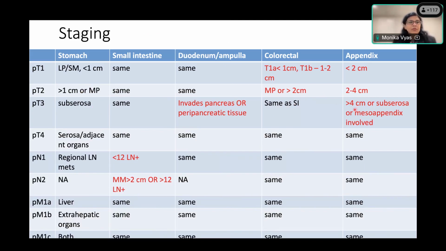But important to remember that for small intestinal tumors, you also need to give the size of the lymph node masses. So whenever you have mesenteric deposits or metastatic masses in small bowel neuroendocrine tumors, always note the size, because that is again important for staging in addition to the tumor size.